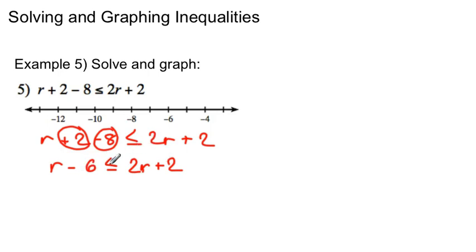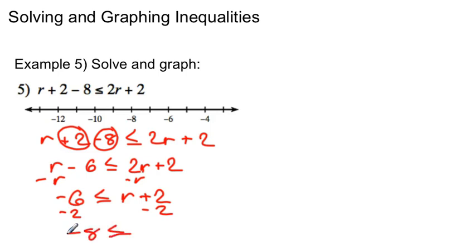So what I am going to do is gather my variables to one side. I'm going to go ahead and get rid of this r on this side by subtracting r from both. And I get negative 6 is less than or equal to 2r minus 1r, which is just 1r, plus 2. Now to solve that, I'm going to subtract 2 from both sides, and I find that r must be greater than or equal to negative 8.